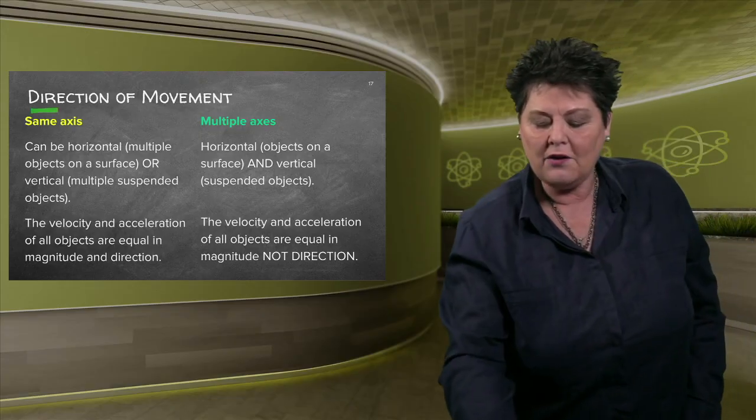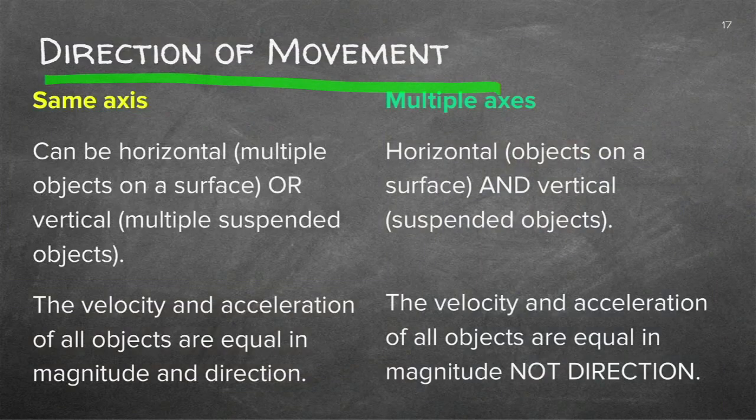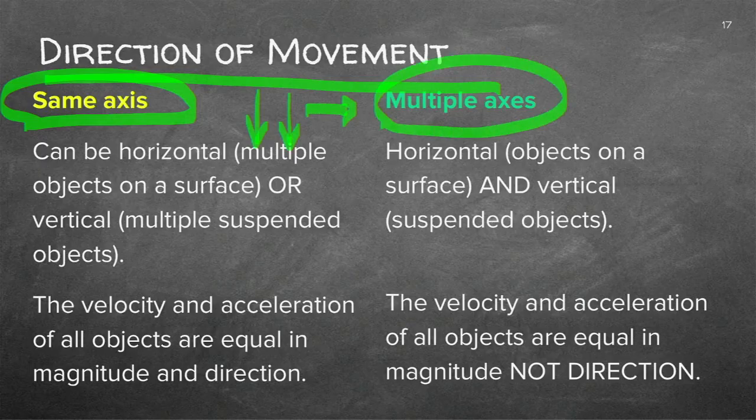Right, the direction of movement. I need to stress this again. It's all of them the same axis. That will be if they are moving in the same direction or horizontal. Remember, if it's multiple axes, I've got X movement. What's X again? Horizontal. But I could also have Y movement, which is down here. Then you've got to be careful.